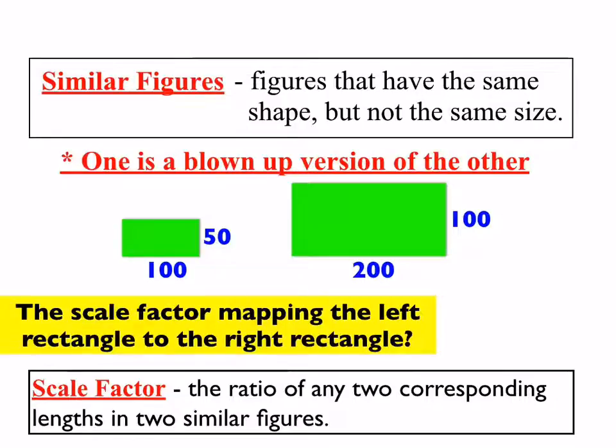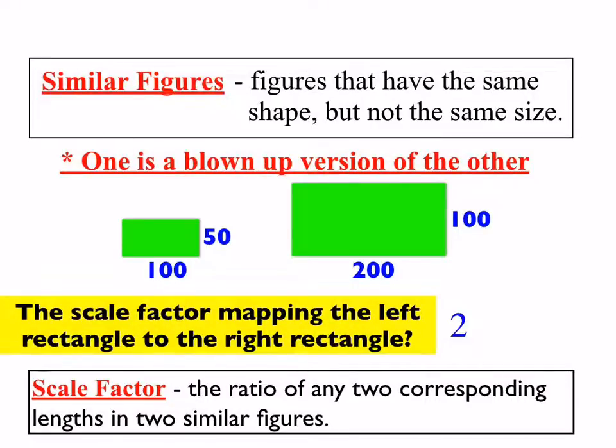So what would that be? 2 times bigger, right? Because 100 times 2 is equal to 200, and 50 times 2 is equal to 100. So the scale factor mapping the left rectangle to the right rectangle is clearly 2.